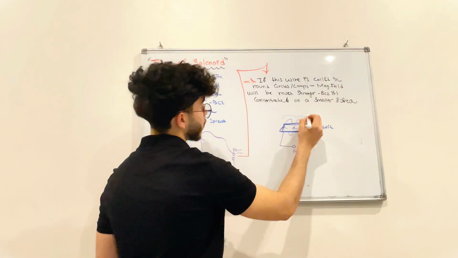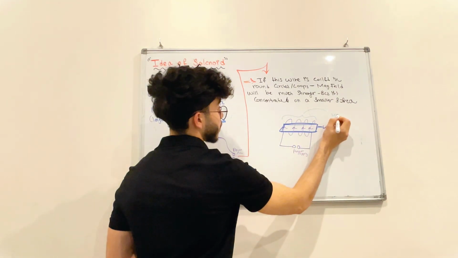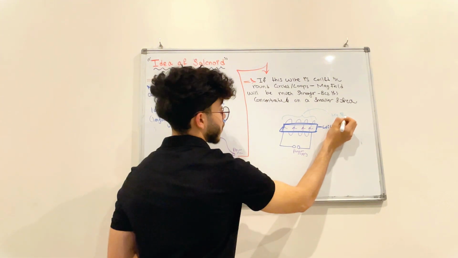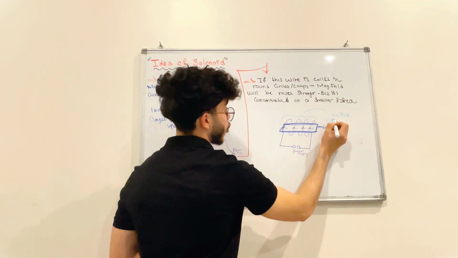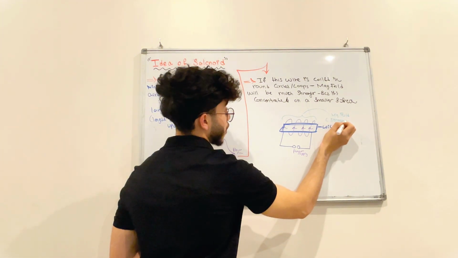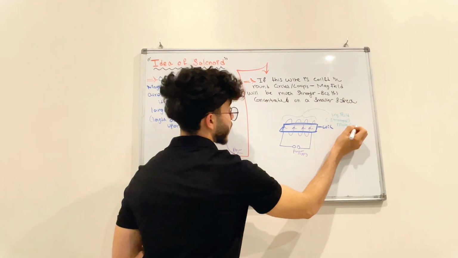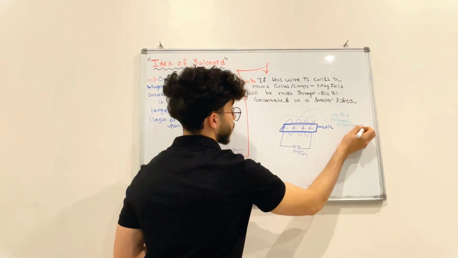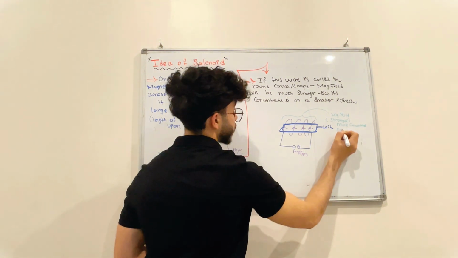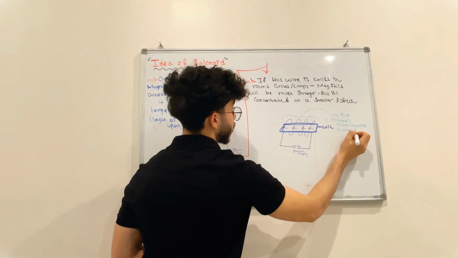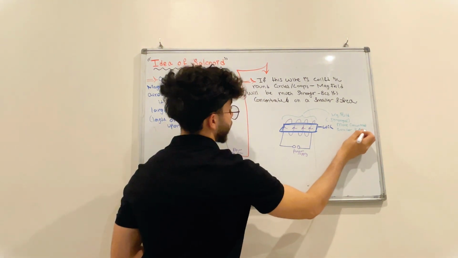But now look at the magnetic field. It is stronger because it is more concentrated, because of the smaller surface area.